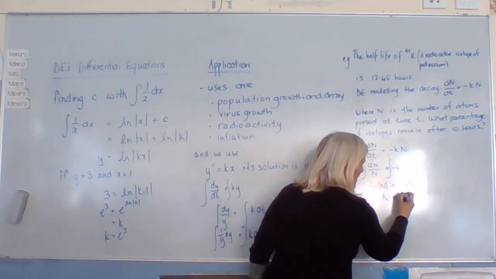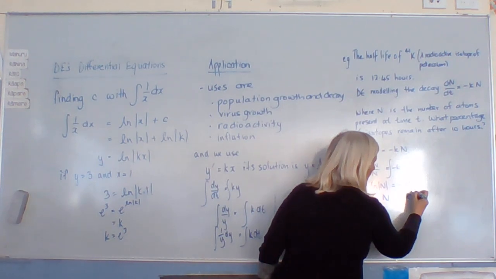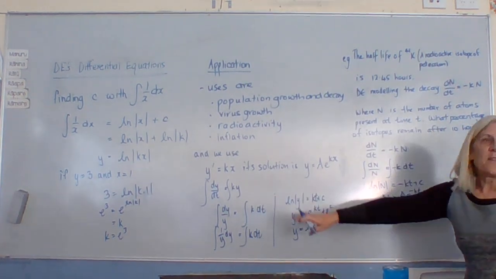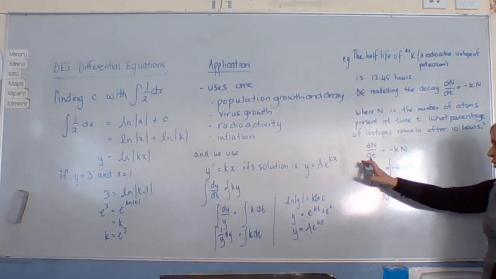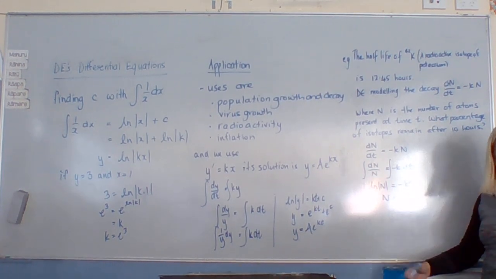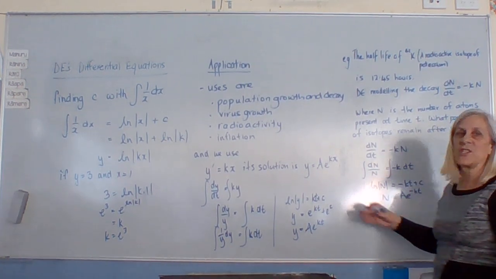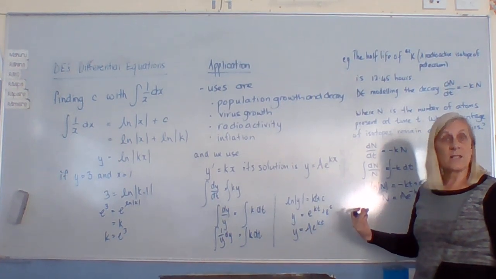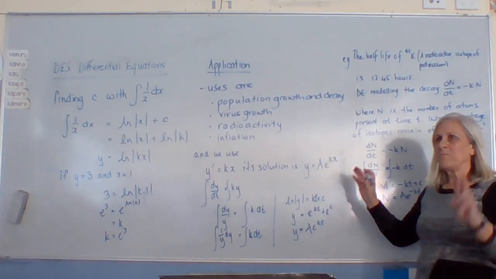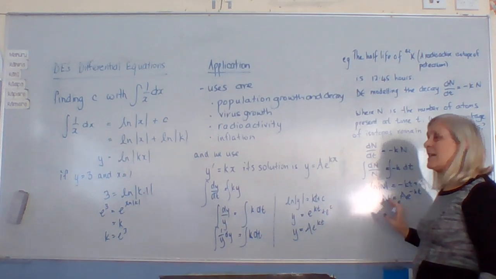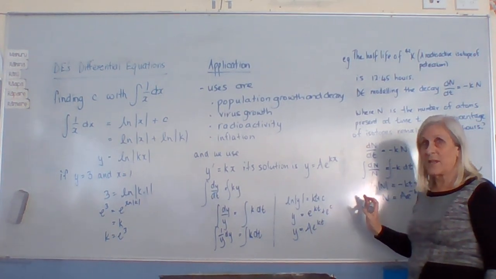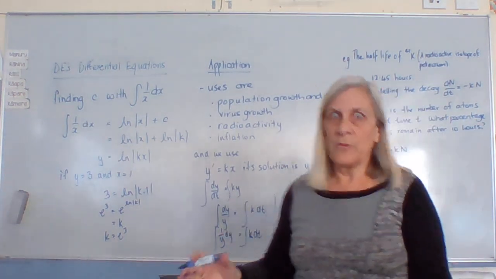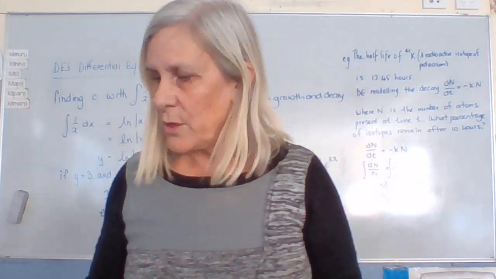N equals A e to the negative kt. All right, so that's just completely parroting that little bit there to show the integration to allow us to have the marks. A few years ago, we used to just teach that we could do this, and then all our kids failed this excellence question because they, without telling us, decided that they needed to show this for you to be able to get it. So, lesson learnt, now we all show it. All right, so we do read the markers reports in order to make sure that we're doing the right things with you.